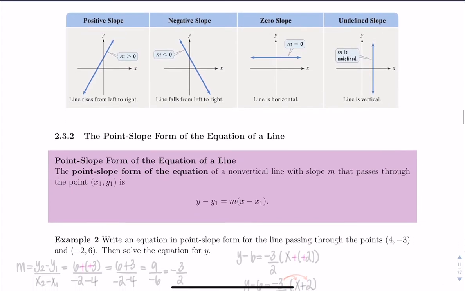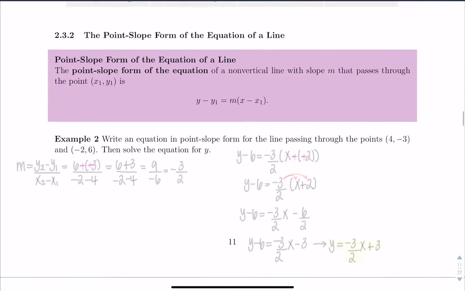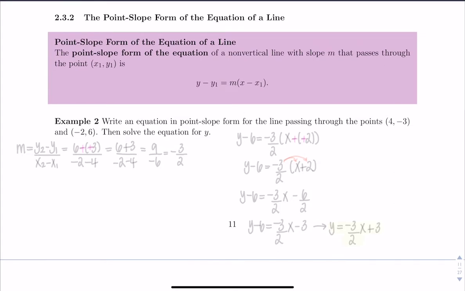The point slope form of the equation of a line is y minus y1 equals m times (x minus x1). So we want to write an equation in point slope form for the line passing through the points (4, -3) and (-2, 6). Then solve the equation for y. So first things first, we need to find the slope between these 2 pairs of points.